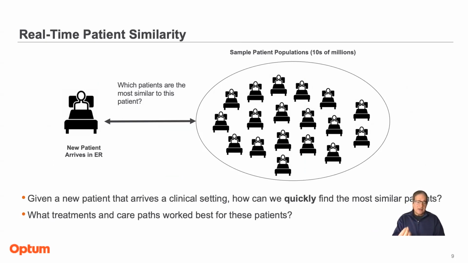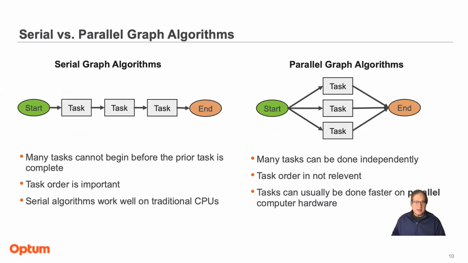And how can I get to the root cause of this by doing that comparison and getting them the best care path we know based on all our previous history? We want to do that in milliseconds, not in days. So those are challenging queries when we have so many things that we want to compare. And those are the types of problems that these enterprise graphs can handle these days.